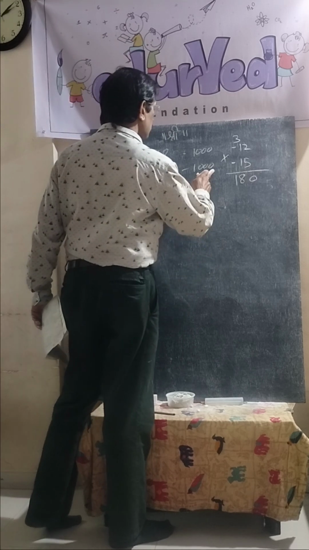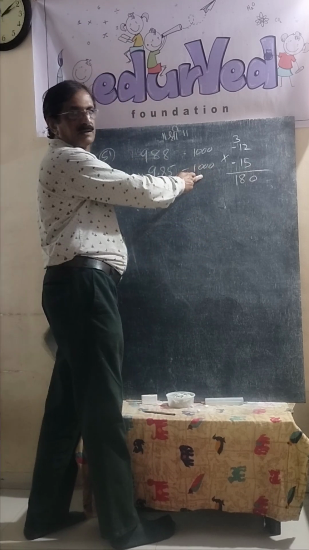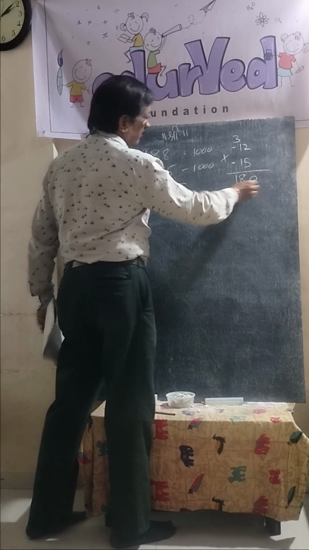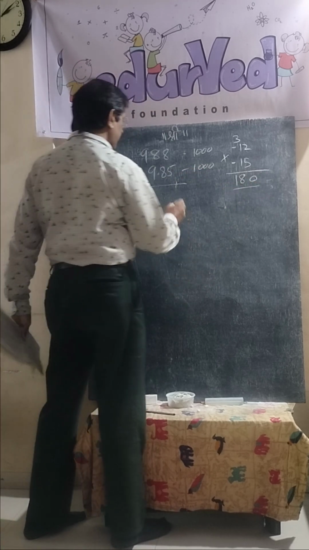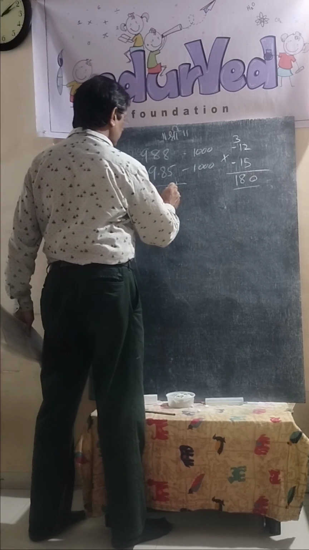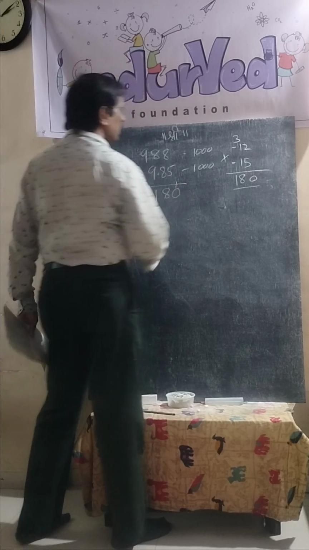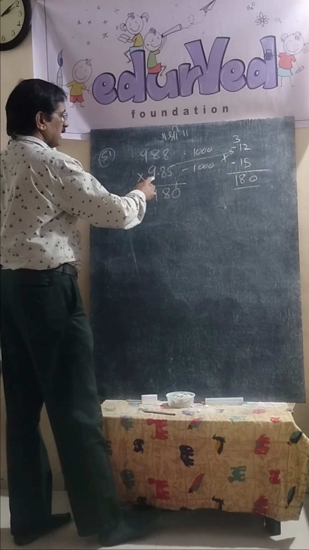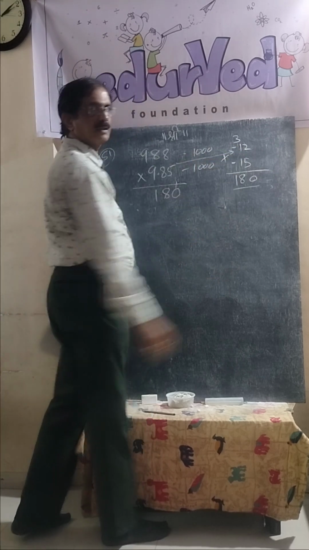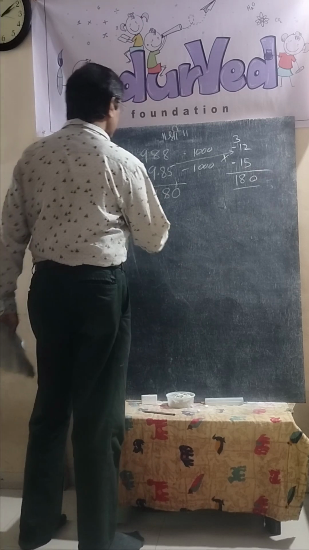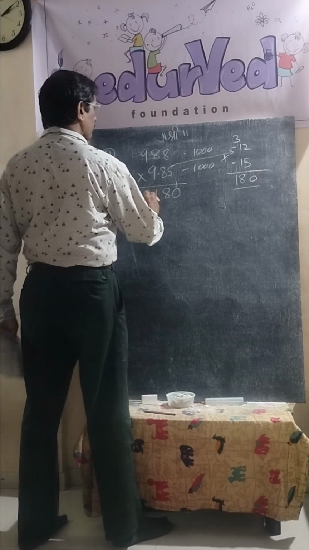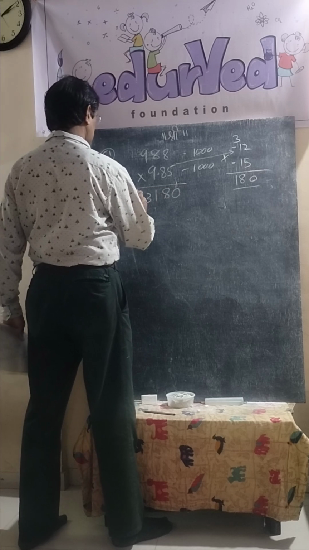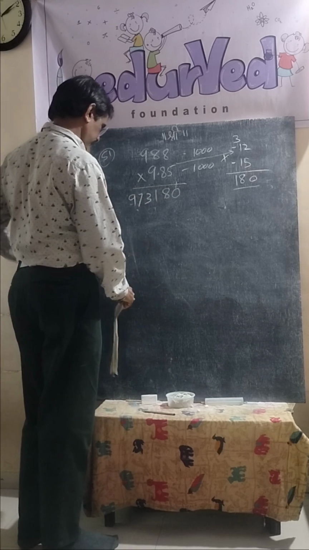So here the base number is 1000. It has 3 zeros, and here we get a 3-digit number, so no need to add a 0 over there. Simply write 180. Now the next step is you have to subtract: 985 minus 12 will be 973.